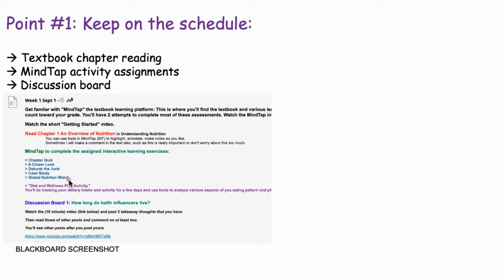You just have 20 minutes to do something like 10 or 15 multiple choice questions, and after you answer, you'll see the answers, but you get scored for that. Again, these are small amounts of points, but they do add up.